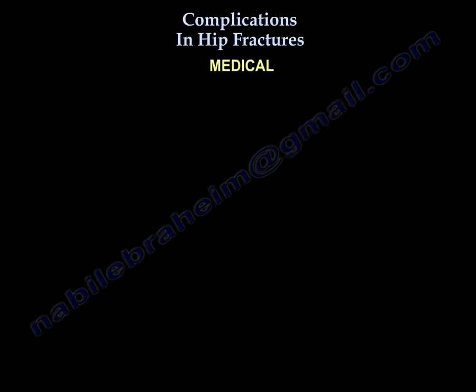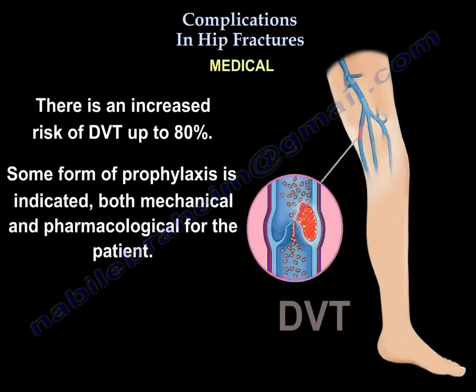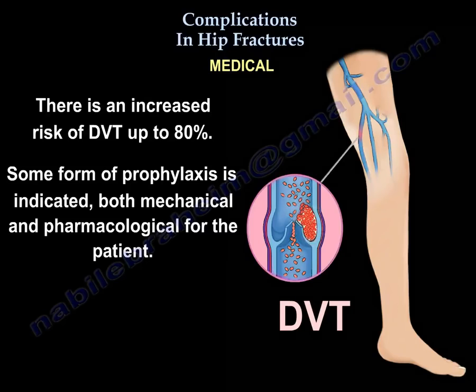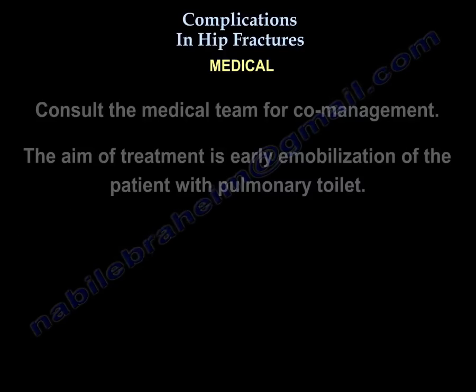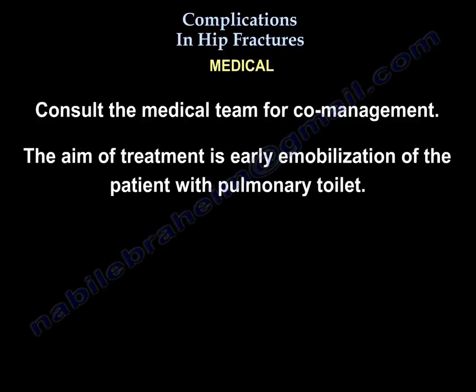Another complication is the medical complication. There is an increased risk of DVT of up to 80%. Some form of prophylaxis is indicated, both mechanical and pharmacological, for the patient. You will consult the medical team for co-management, and the aim of treatment is early mobilization of the patient with pulmonary toilet.